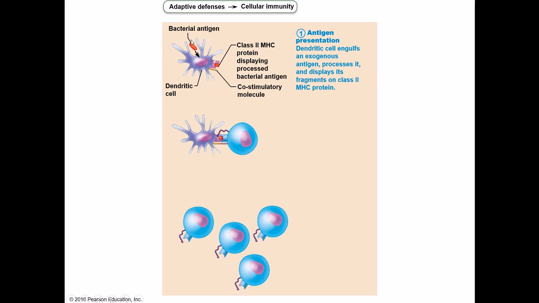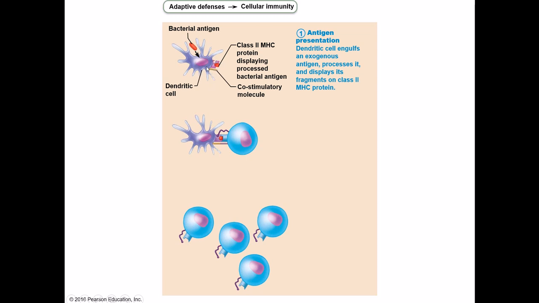So here's a bacterial antigen. It's been engulfed by a dendritic cell, and that dendritic cell is displaying a class 2 MHC protein. The dendritic cell will process the bacterial antigen and then display that antigen on the MHC2 protein.